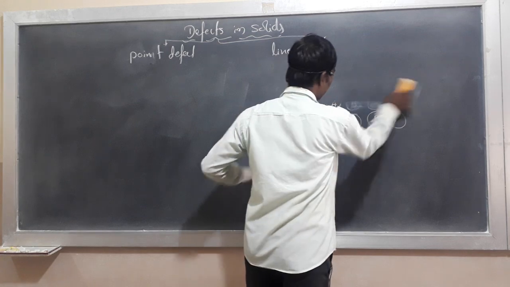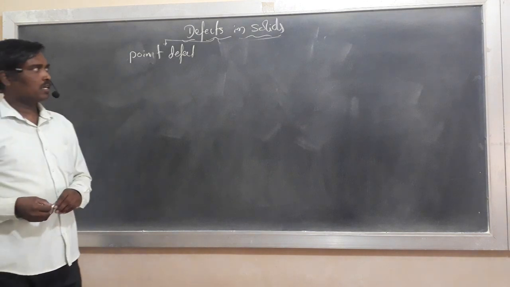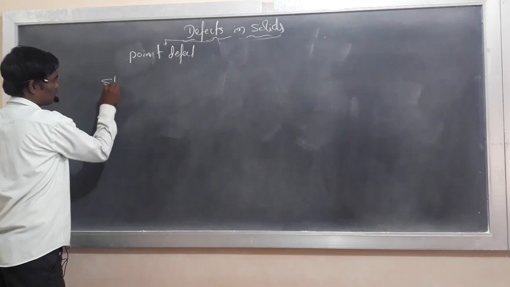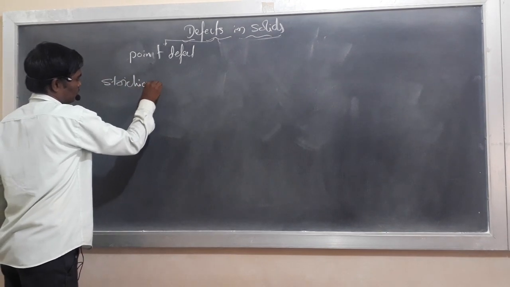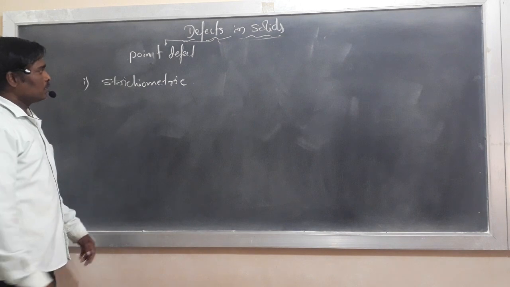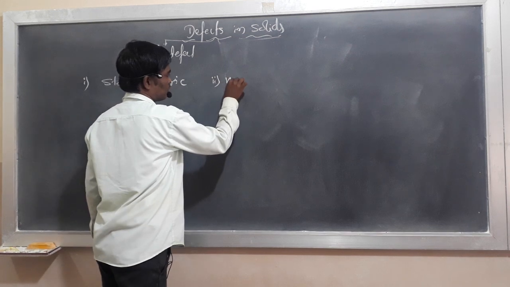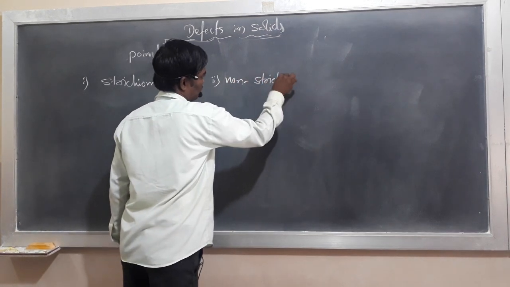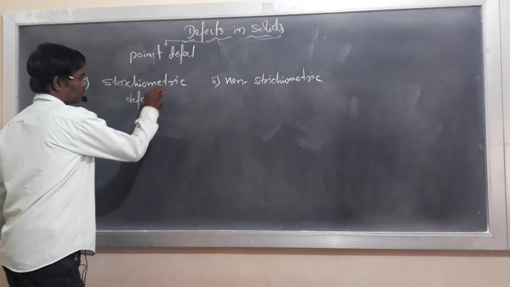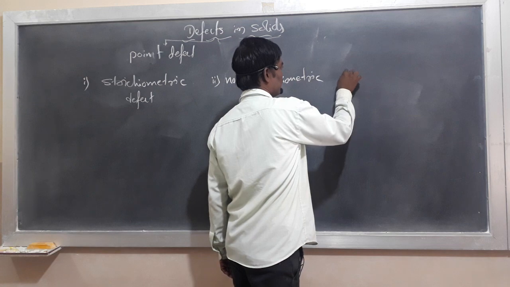Like that, there are two types of defects. Here students, the point defect is very important. Let me go with point defect first. In point defect, again it is classified into three types: stoichiometric defect, non-stoichiometric defect, and the third one is impurity defect.